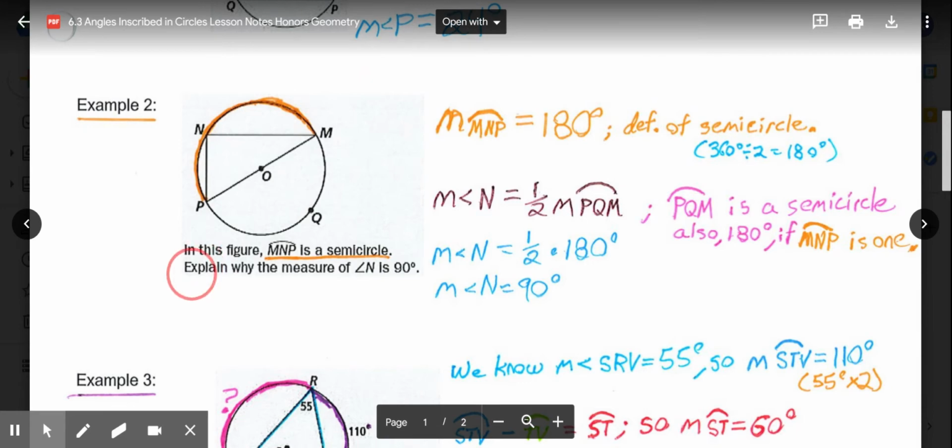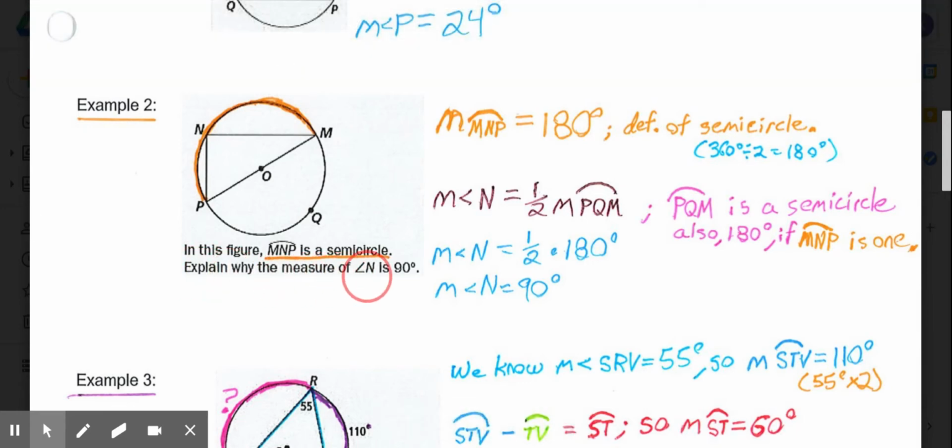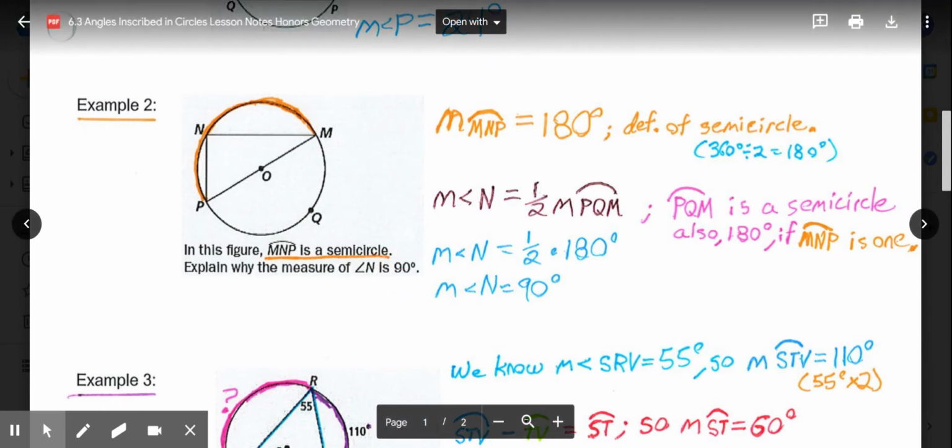What they also ask is to explain why the measure of angle N is 90 degrees. The definition of a semicircle told us it was 180. That's where we needed to start.